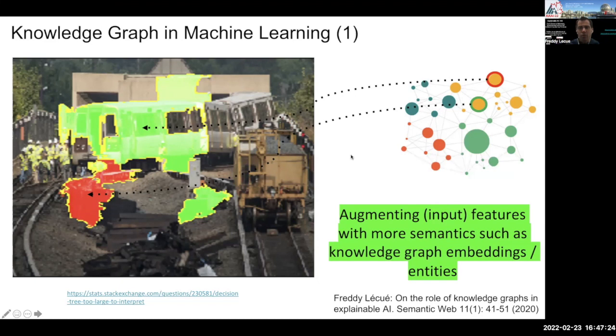The question is, can we augment the input that we have with more semantics? If you think about ImageNet or other data that you have, can we do something on top of the input image? Rather than having a single label, you have many labels with relationships that might be connected with other images which were not naturally connected.